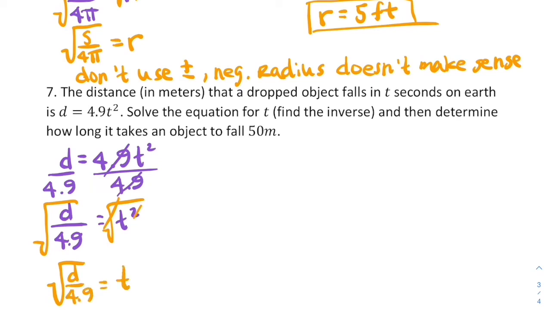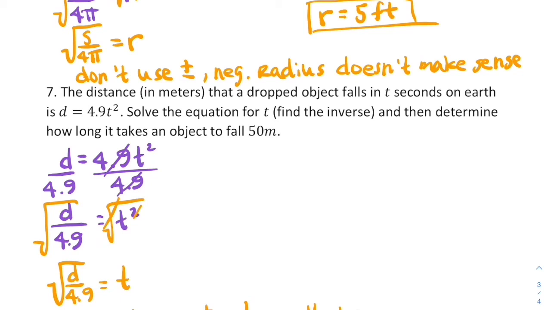Again, don't use the plus and minus. Just like distance can't be negative, neither can time. Haven't found a time machine yet, so we can't go backwards and do negative time. T can't be negative.